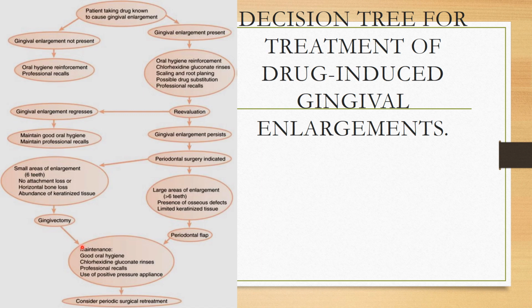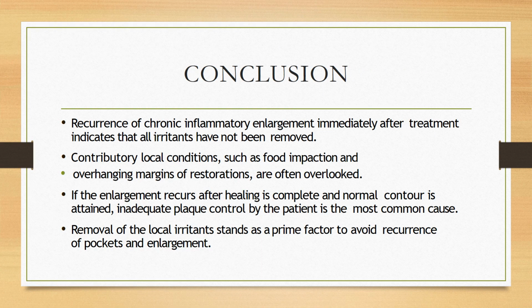After gingivectomy, the maintenance phase plays an important role in maintaining oral hygiene by chlorhexidine rinse, professional recalls, and use of pressure appliances. Then periodic surgical retreatment should be considered. So this is the line of treatment for gingival enlargements.